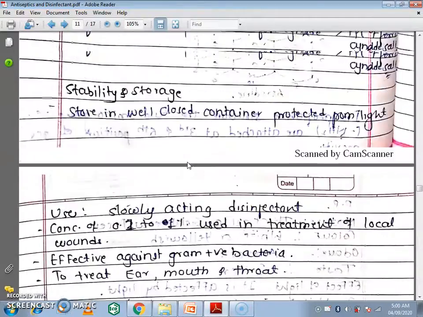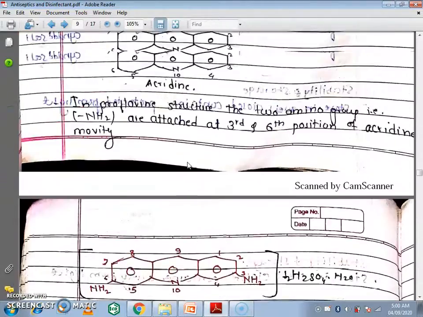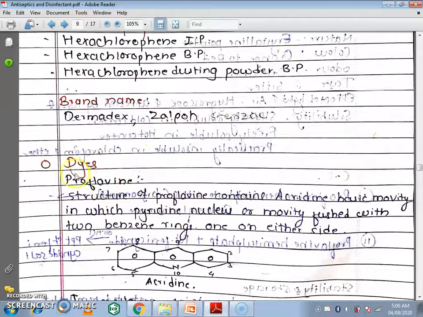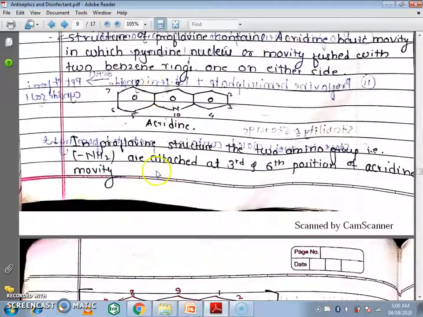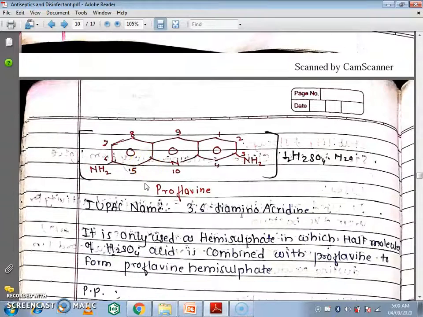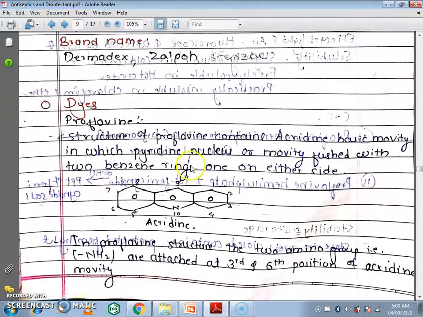This is the drug proflavin, which comes under dyes. It is also called proflavin hemisulfate. This is the basic molecule, acridine. Acridine contains pyridine, and two benzene rings are fused to it. It is called acridine.